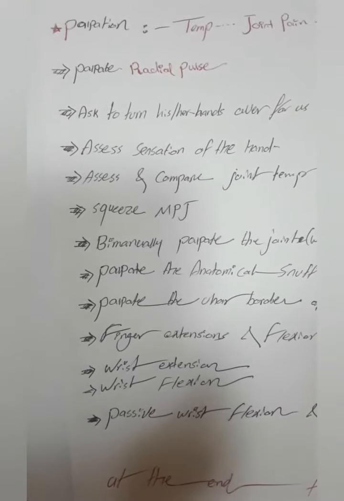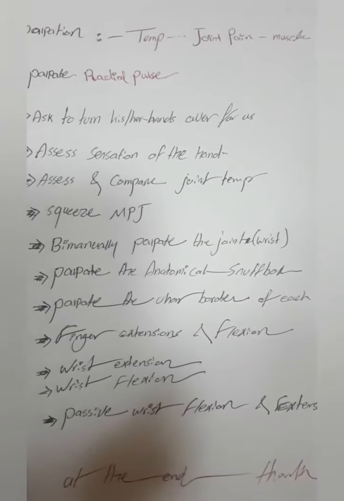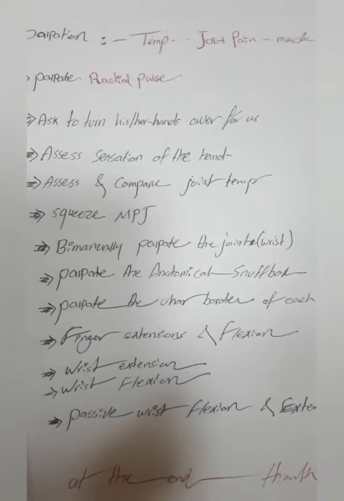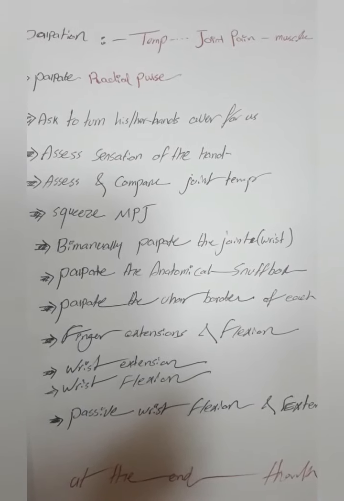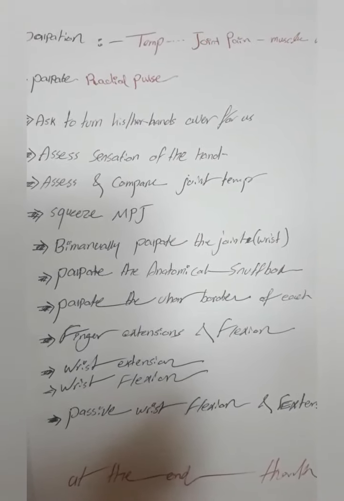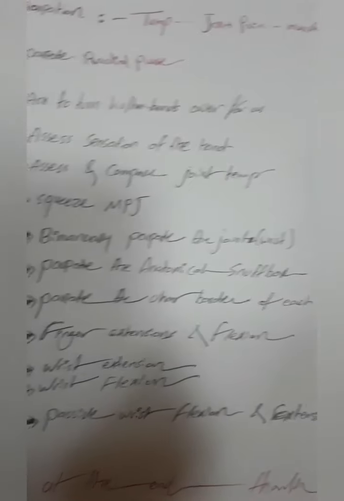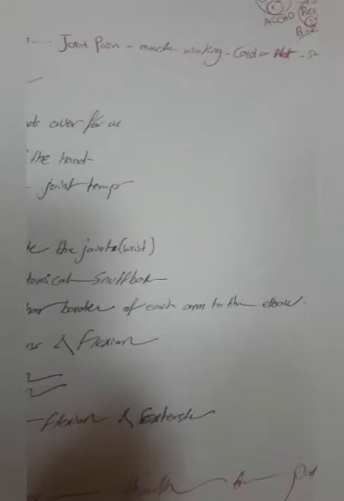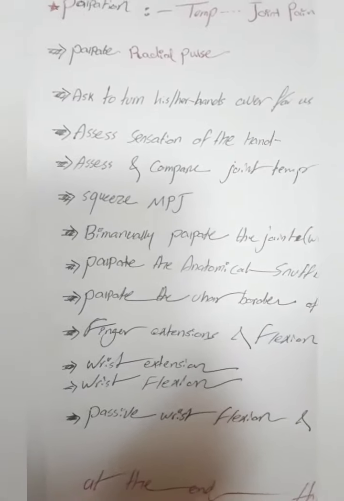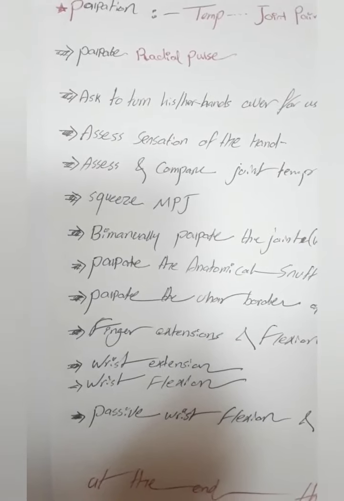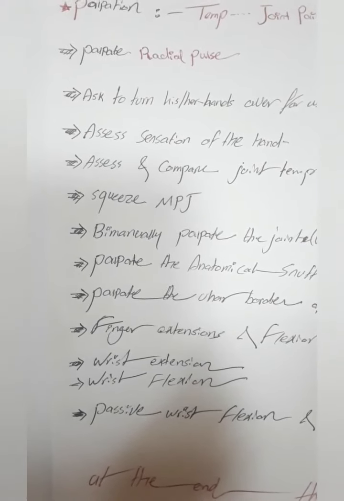Then palpate the anatomical snuffbox, okay. This is because if there is tenderness, for example, it may suggest a scaphoid fracture, okay. And palpate the ulnar border of each arm to the elbow. This is to look for any rheumatoid nodule or psoriatic plaque, okay.